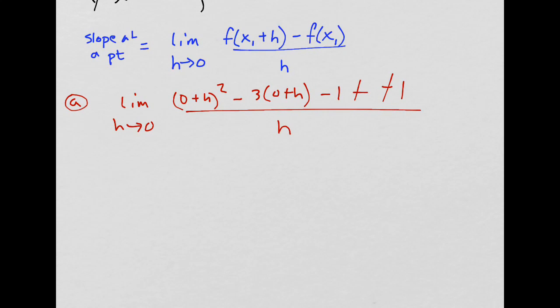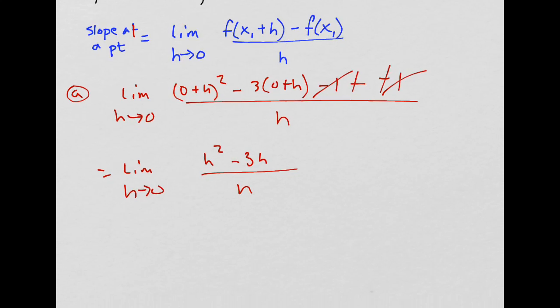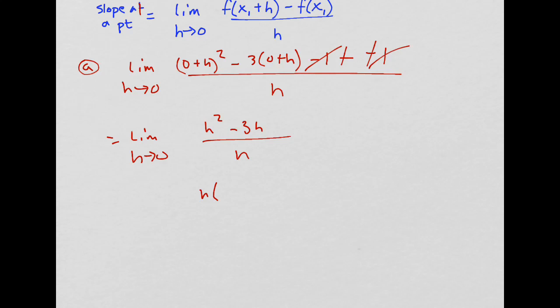So what do we have? We have the limit as h approaches 0. Got to write that every time, otherwise it's not really the slope at a point. And then we'd have h squared minus 3h, and then the negative 1 and the 1 cancel out. And then we're dividing by h, so I'll factor out an h. Because if I evaluate this limit, I get 0 over 0, an indeterminate form.